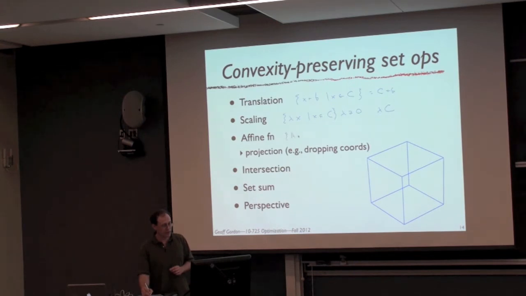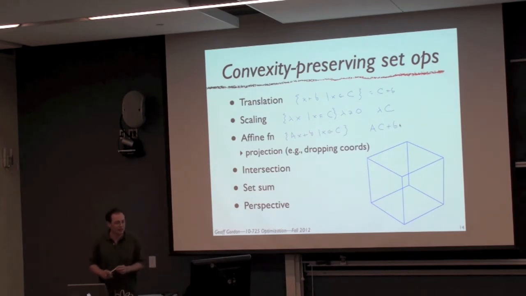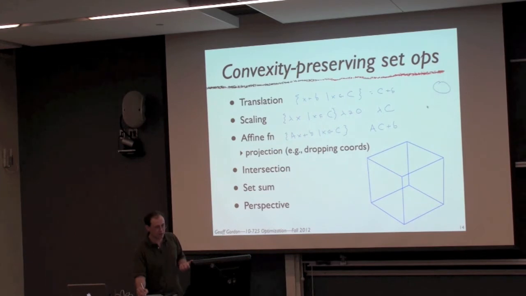An affine function, right? So Ax plus b for x in C. And this is for some fixed A and b, so we'll call it A times C plus b, right? And an interesting special case of this is projection. So an example of a projection operator is you just drop some coordinates from your set, right? So if you think about, for example, you have a circle and you project it onto the line, you wind up getting this interval here, and that's a convex set.